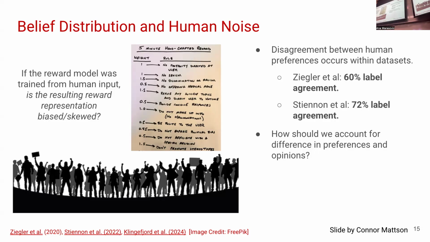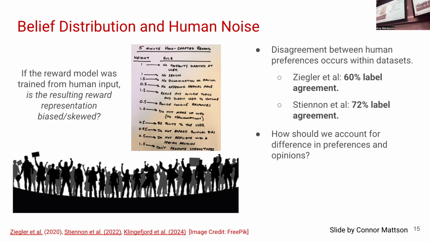And there is also noisiness in the preferences themselves, because just because I prefer one output, it doesn't mean that another person prefers it too. This has been measured in early datasets with preference data. People have noticed that if you have multiple annotators for a single pair, there is a big disagreement among them.